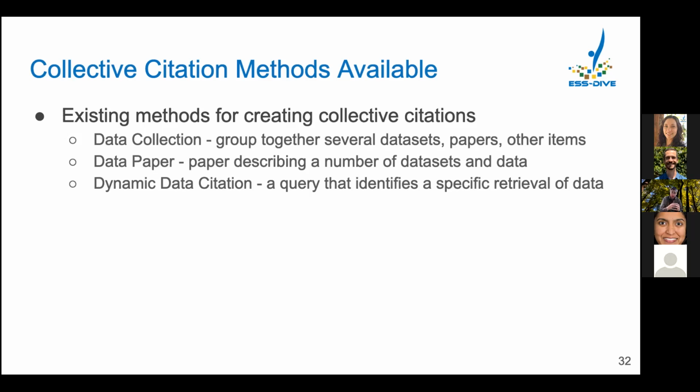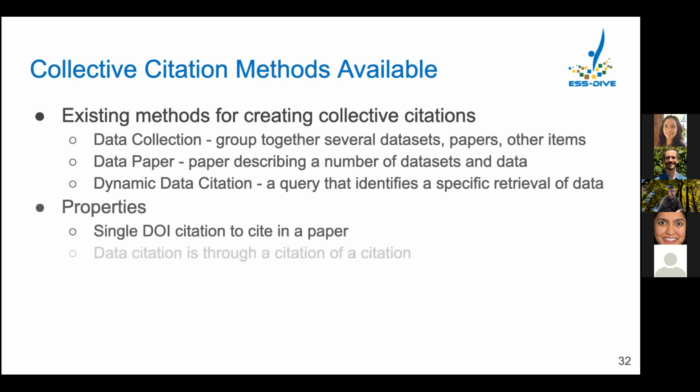If you give a DOI to that query and a date, then in fact that DOI could be used to find exactly which data that person used. And a few of the biology databases have used that approach. We'll talk about some of the challenges of that in a minute. So the nice property is you get a single DOI, even though there were a lot of data sets.